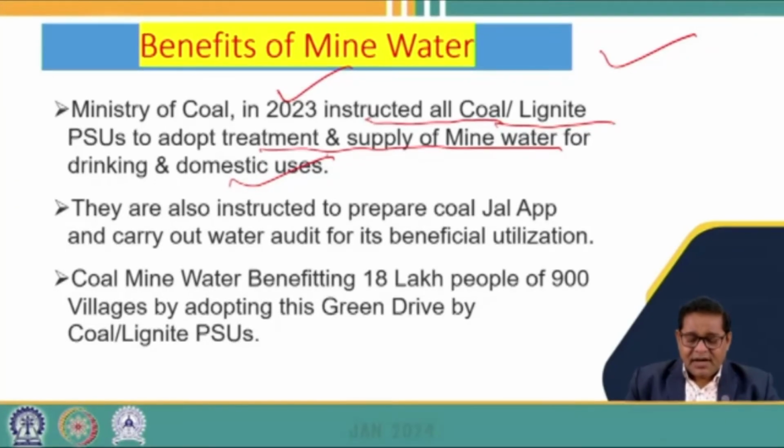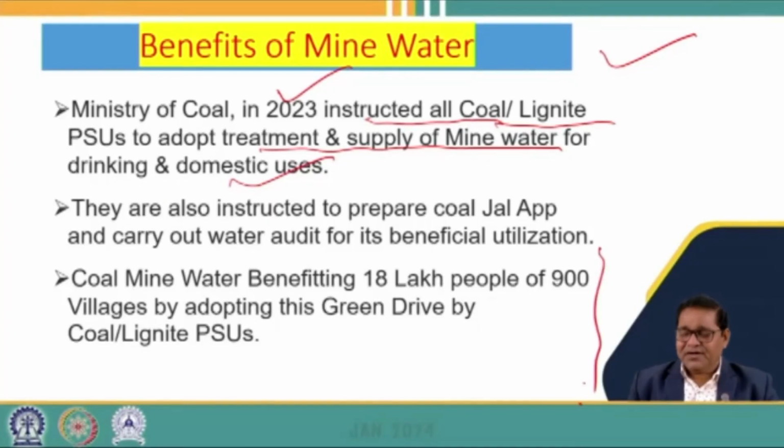They were also instructed to prepare the coal gel app. For the different coal fields in our country, the ministry has instructed them to prepare the coal gel app and carry out a water audit of the individual mines to find out the water balance, and this water has to be further treated for beneficial utilization in industrial, drinking and other domestic purposes.